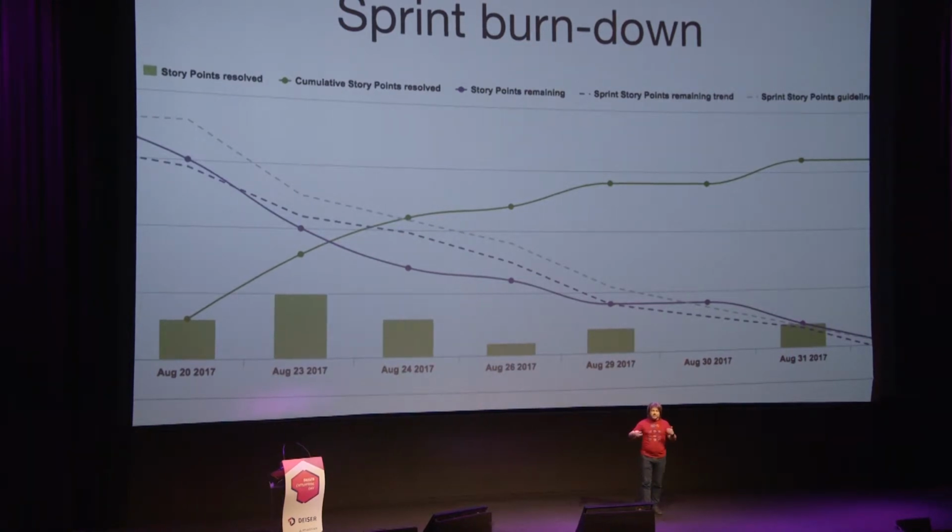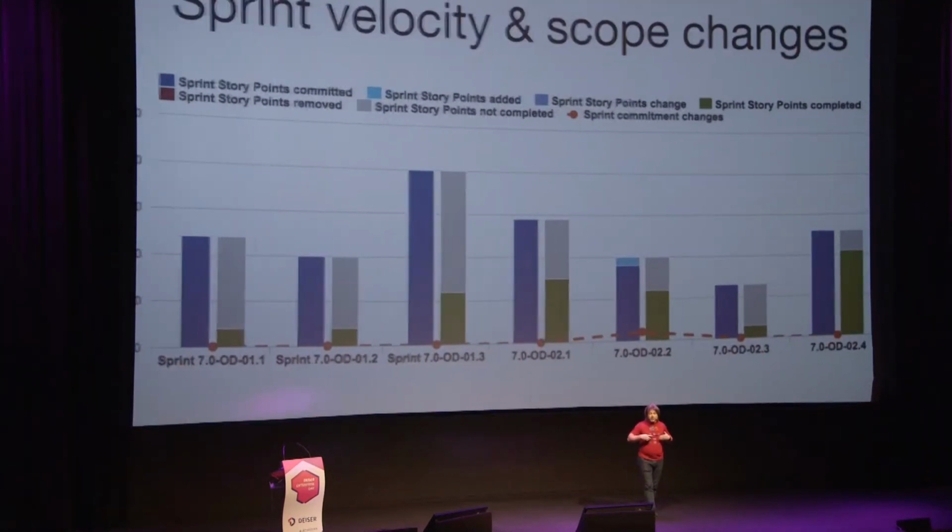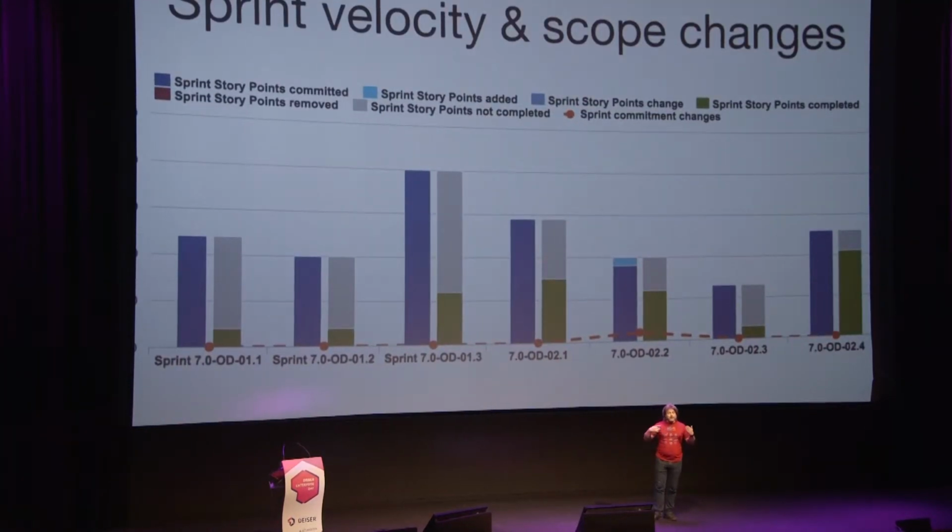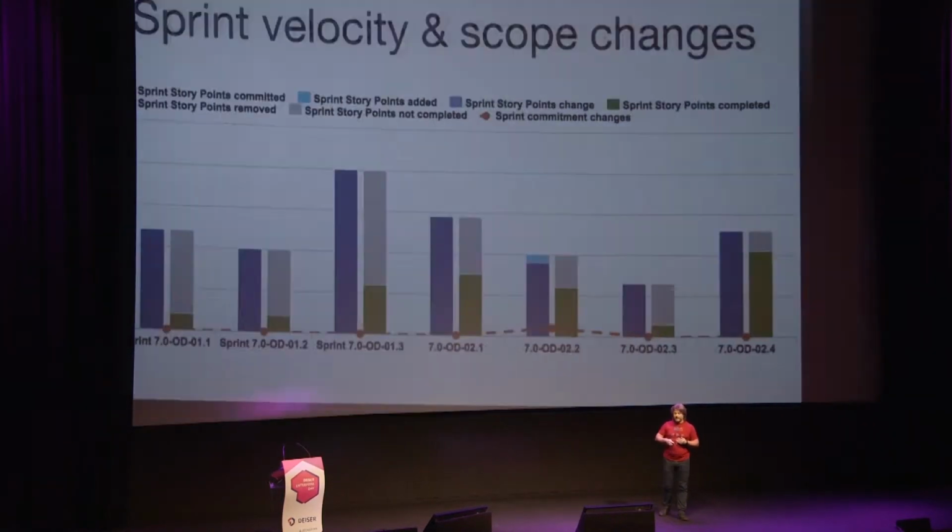And then you can customize and see it across different sprints as well. Also, for each sprint, you can analyze sprint velocity and commitment changes and scope changes. So for each sprint, you can see how many story points were committed, how many were added during the sprint or changed, and how many were completed during that sprint, or how many were removed or not completed or changed during the sprint. So you see the whole history and you can analyze how well you are performing.